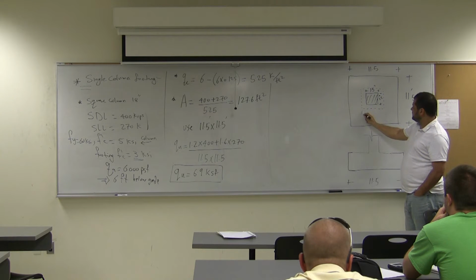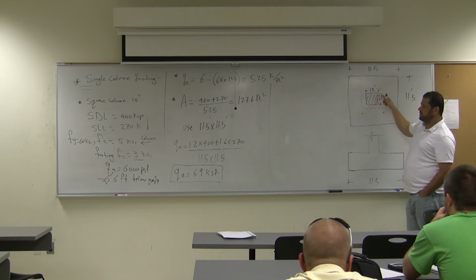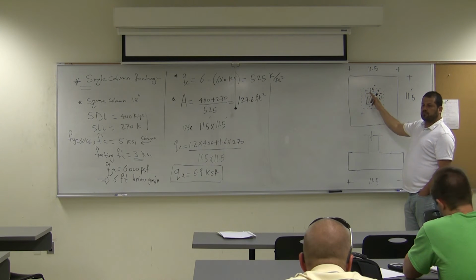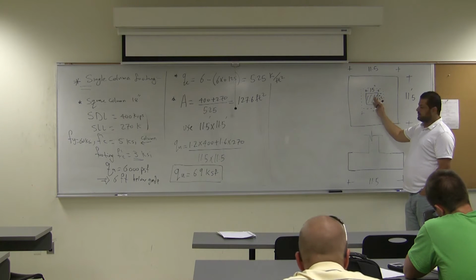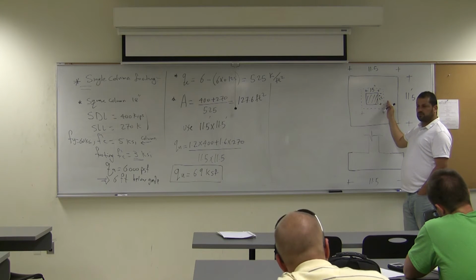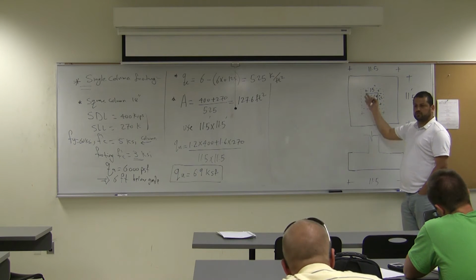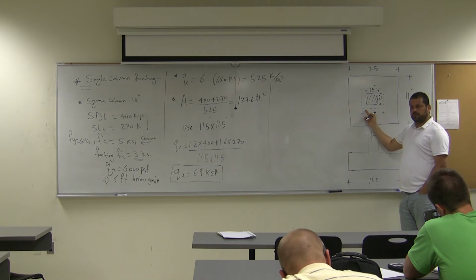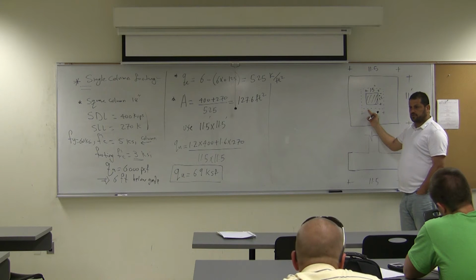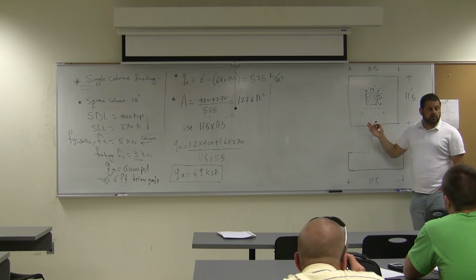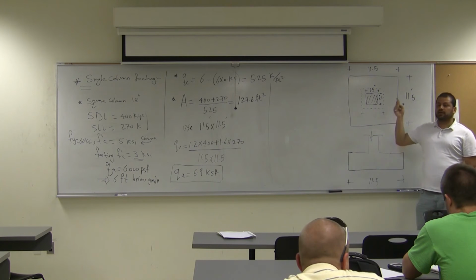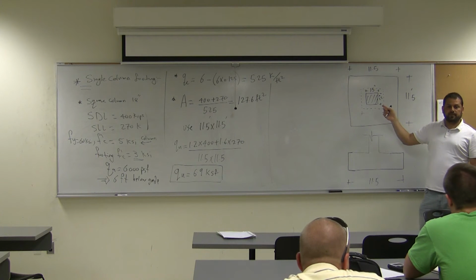So this perimeter has this dimension, which is the column plus D over 2 from this side and D over 2 from this side. So it's going to be the column width, which is 18 inch, plus D. So we need to calculate something called b-naught for punching shear. I told you, punching shear controls the depth of a single column footing.